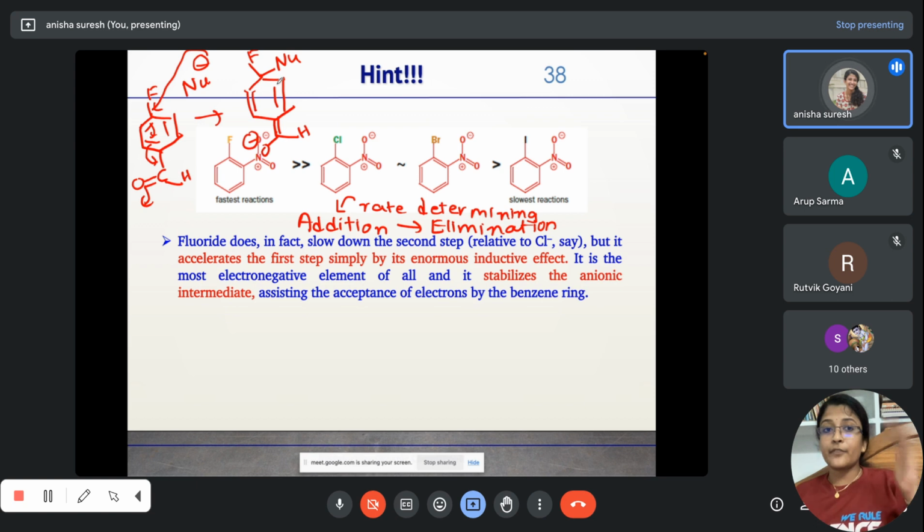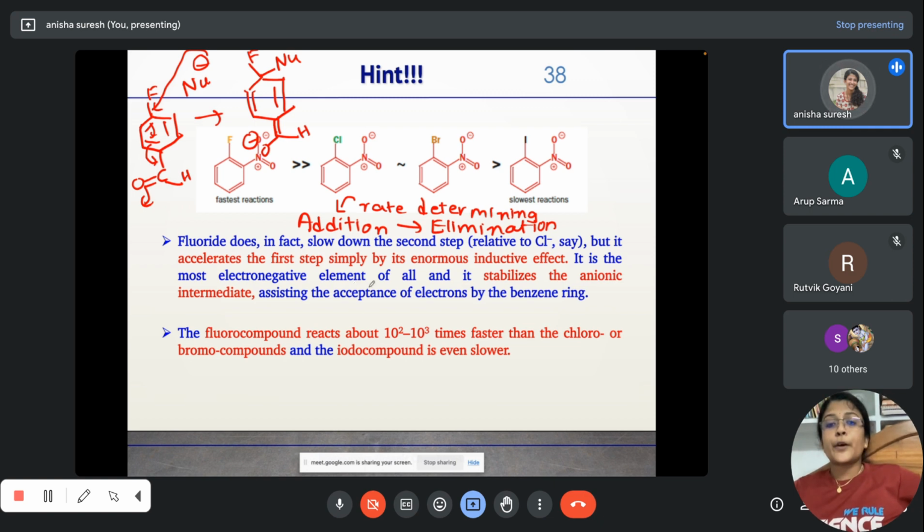So rate of the first step will be faster when fluorine is present. The fluoro compound reacts about 10 power 2 to 10 power 3 times faster than the chloro or bromo compounds, and the iodo compound is even slower. Since the first step is the rate determining step and the fluorine is stabilizing the intermediate, the fluorine will be enhancing the rate of the reaction.